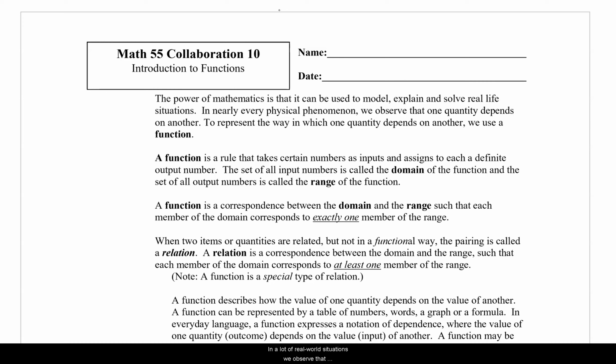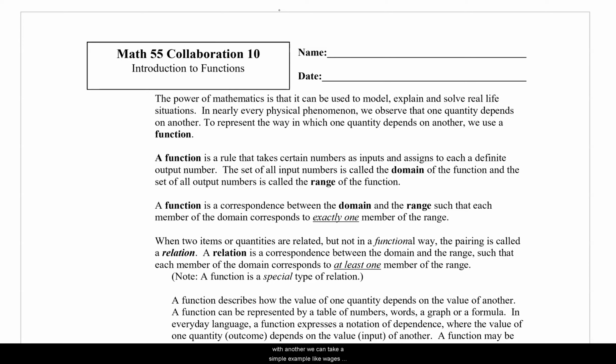In a lot of real-world situations, we observe that one quantity is often dependent on another. We talked previously about variation, how one variable is directly proportional or varies directly with another, or in contrast, one variable varies inversely with another.